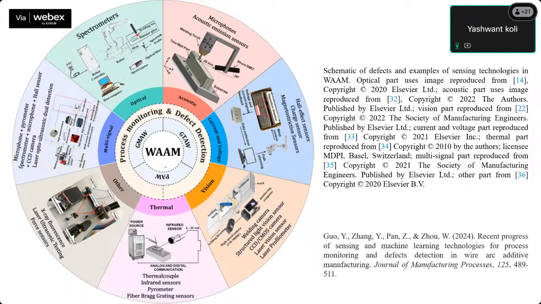You can see here the optical sensors, acoustic sensors, current and voltage sensors, vision, thermal imaging camera, and other sensors like ultrasonic sensors and laser assisted ultrasonic sensors. All these sensors can be used to get the actual feedback of what is happening during fabrication and during droplet detachment.